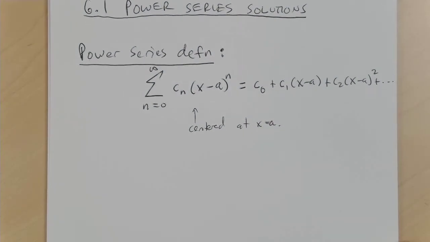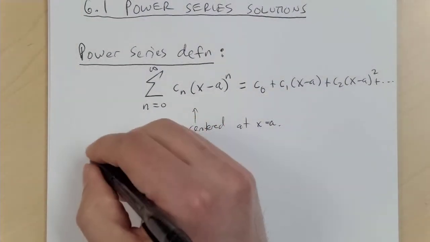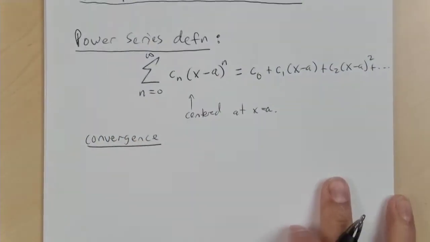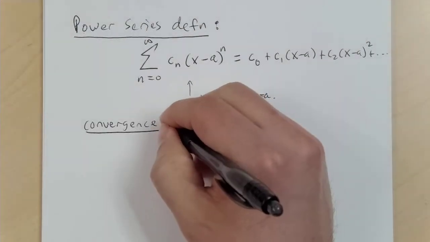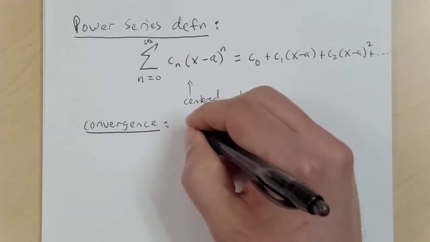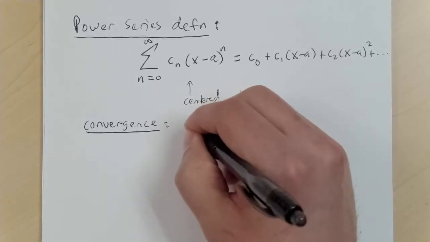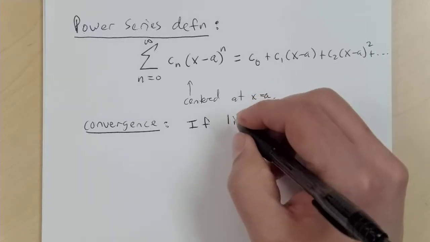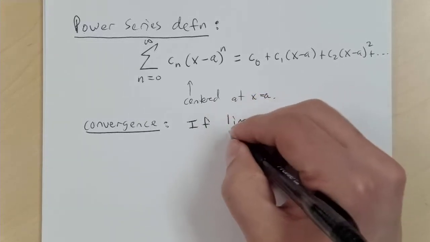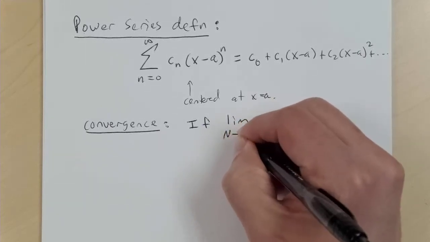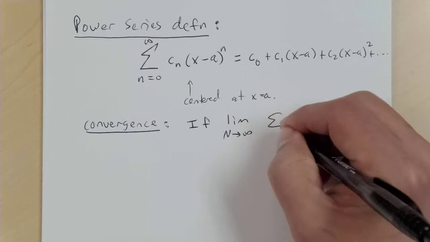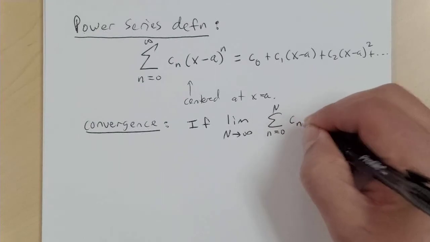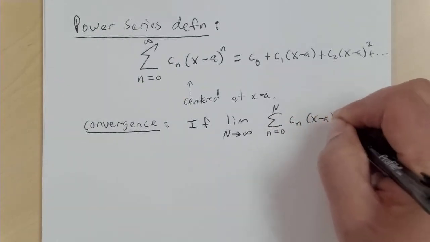Okay? Now, we also need to talk about convergence. And basically, if the limit as capital N approaches infinity of the sum, little n going from 0 to big N, of c sub n times (x minus a) to the n.